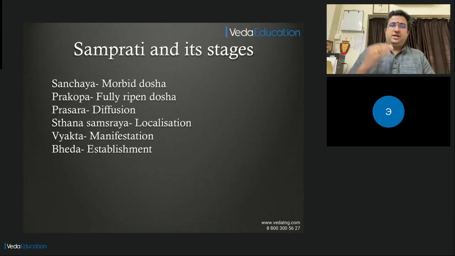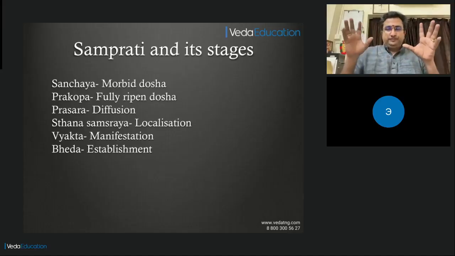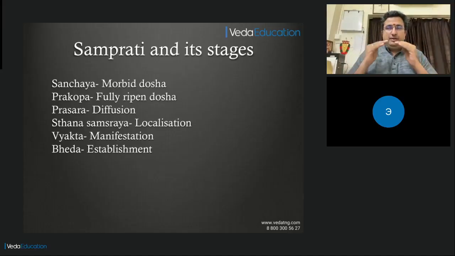In stage 3, this fully ripened dosha will start diffusing, like metastasis in cancer. Slowly it will mobilize from one side to another and start making problems.